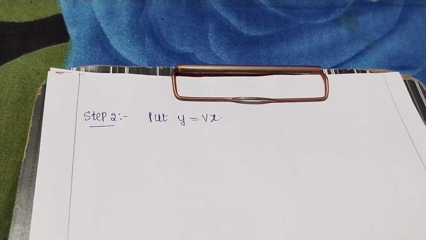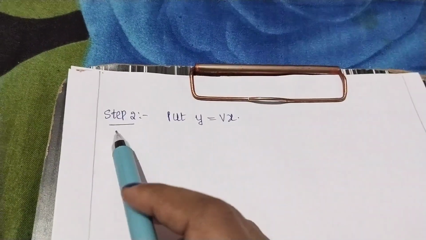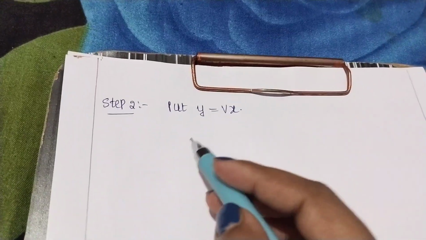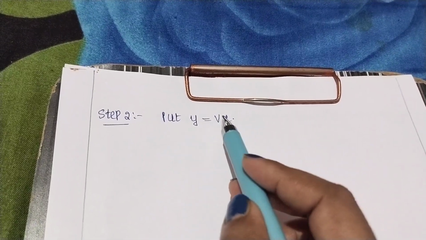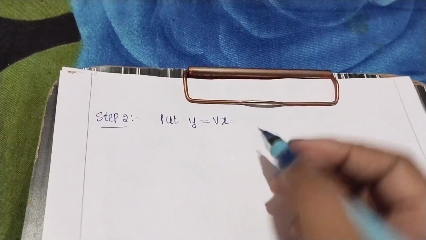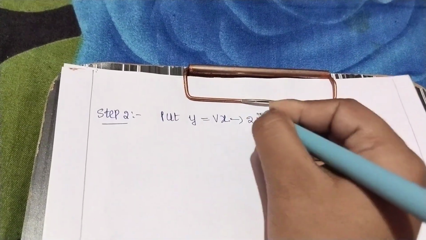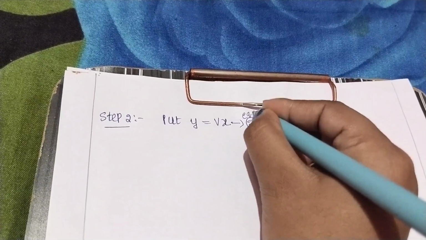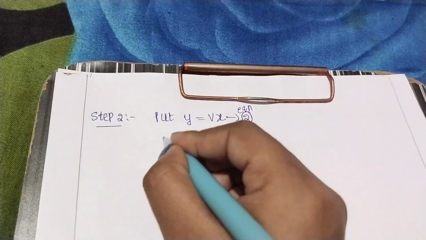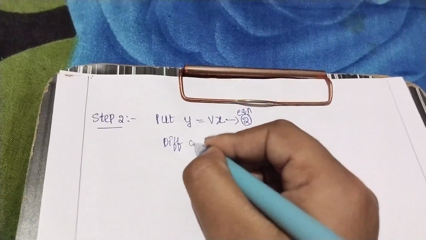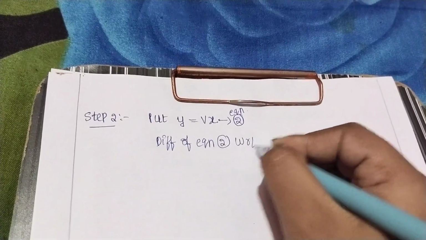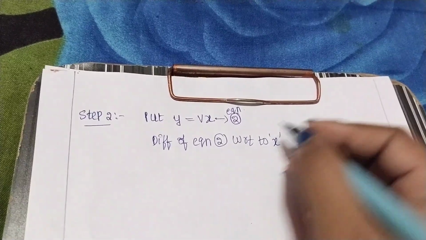Now as we attained step 1, we move to step 2, that is putting y equals vx. Before putting y equals vx in the f of x comma y term, let's differentiate this equation. Let's mark this as equation number 2. Differentiation of equation 2 with respect to x.